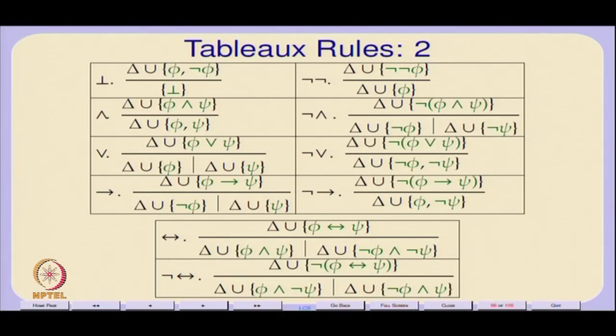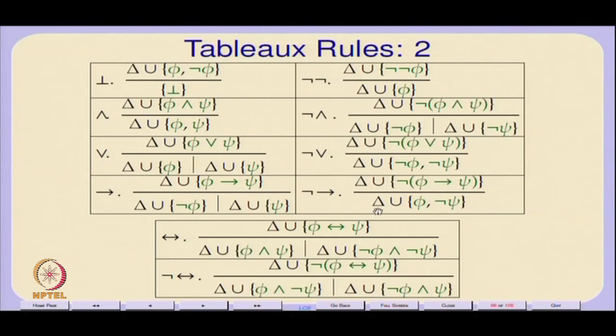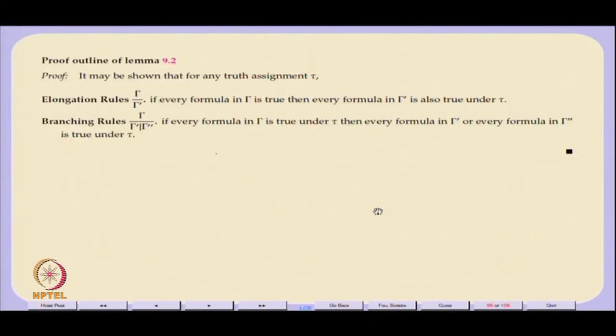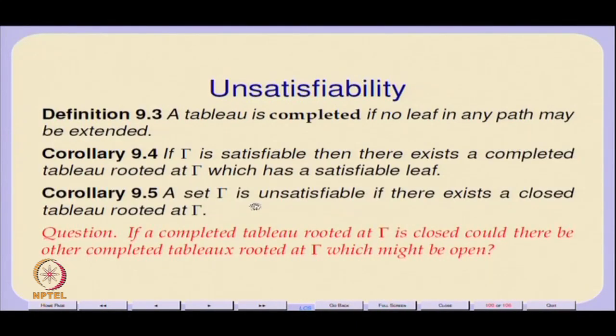That is a highly non-deterministic choice which can allow for multiple tableaus. And what we have said here is that if I can find one closed tableau, then we will say that the set gamma is unsatisfiable.